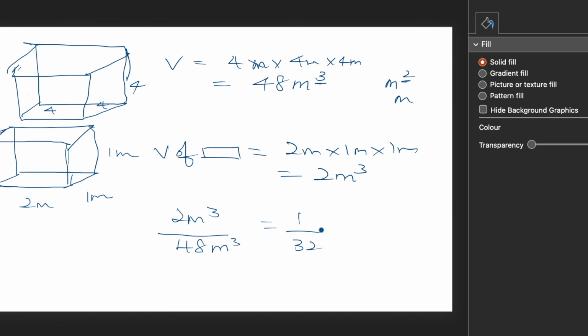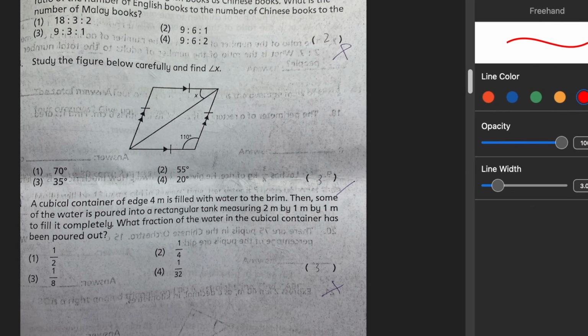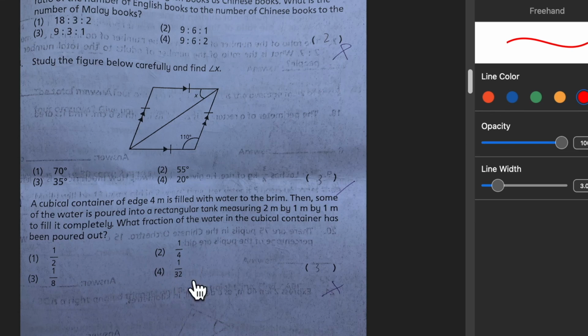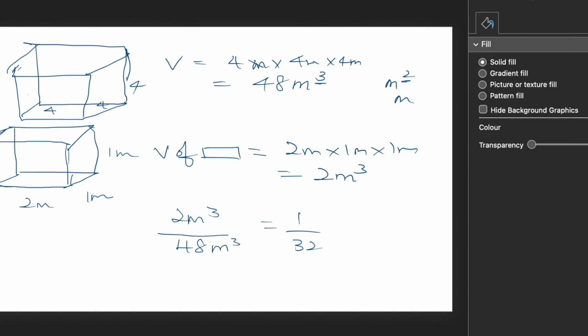This is the fraction left in the whatever left in the cubic. So you can clearly see that it's actually number 4 here. What fraction of the water has been poured out? Because this is the amount, the fraction that has been poured out into this rectangle.